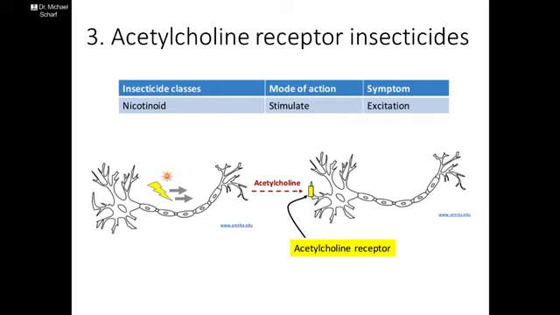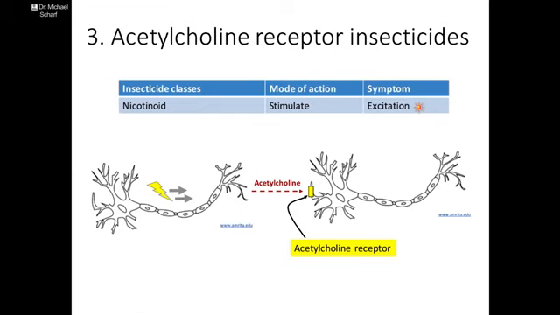So we have normally electrical energy moving through one neuron, and when it gets to this chemical phase to cross the synapse, we have acetylcholine, which is that chemical neurotransmitter, and it'll bind the acetylcholine receptor in the next neuron, which sends the message along down the track there, so to speak. And so what the nicotinoids do is they bind and stimulate that acetylcholine receptor, which causes excessive excitation downstream in the following neurons. And so that's how the nicotinoids actually work. They stimulate the acetylcholine receptor, and they cause excitation.